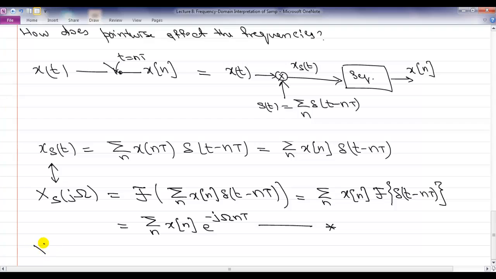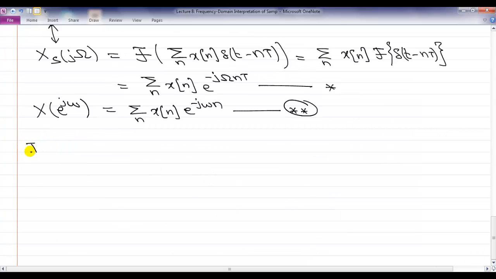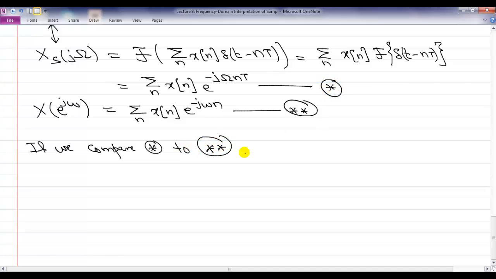Now let's look at the Fourier transform of x[n]. Well, for that we just have to use the standard DTFT formula, that is summation over n of x[n] e to the minus jωn. Let's call that double star. So if we compare star to this double star equation, what do we see?